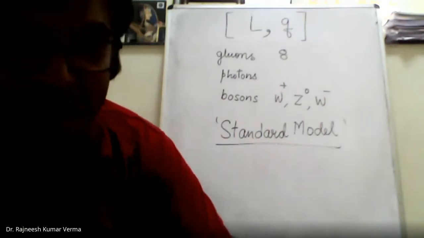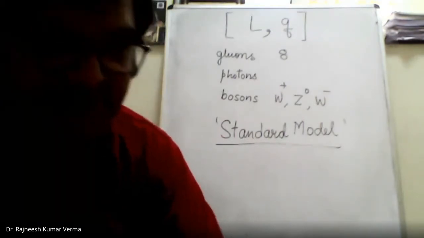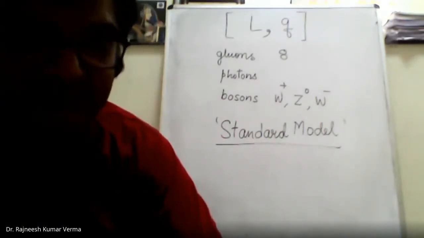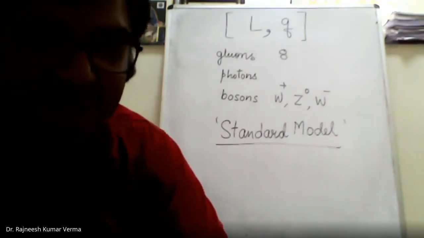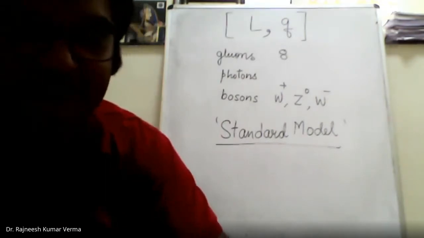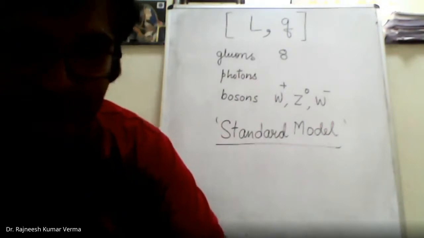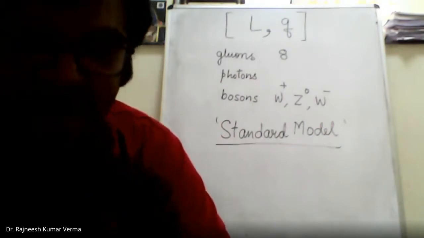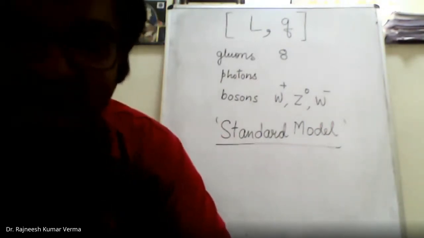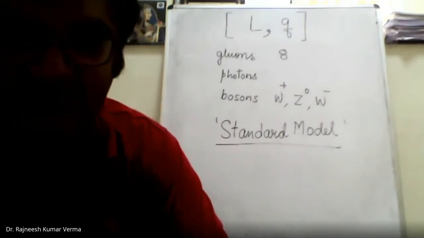So the first part is very clear and it is very much successful. Standard model is very much successful in understanding the composition and various properties of the elementary particles. However, it lacks in the unified treatment of fundamental interactions.